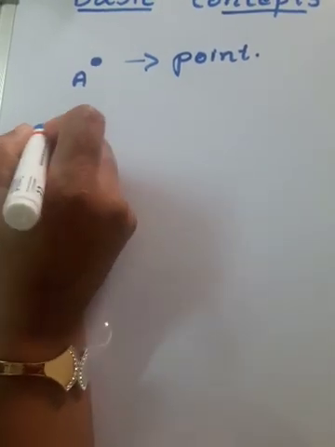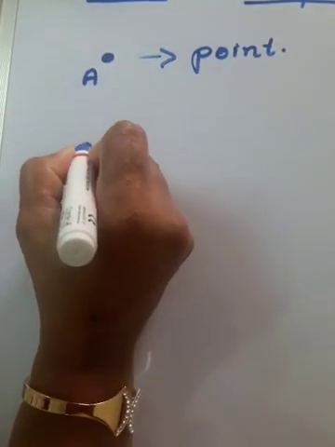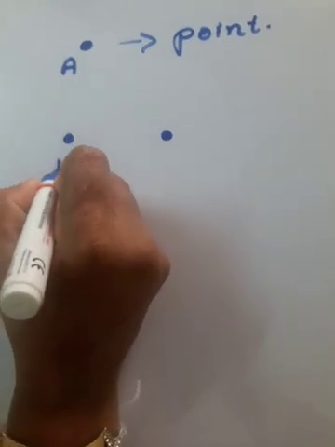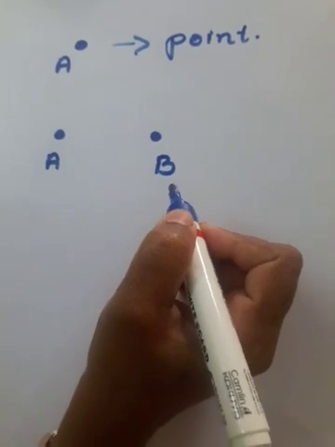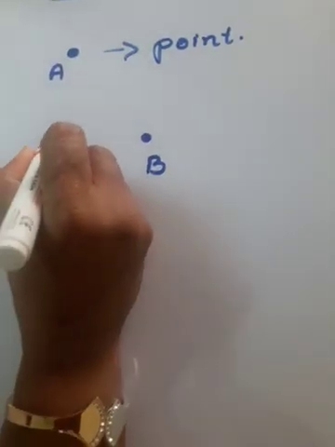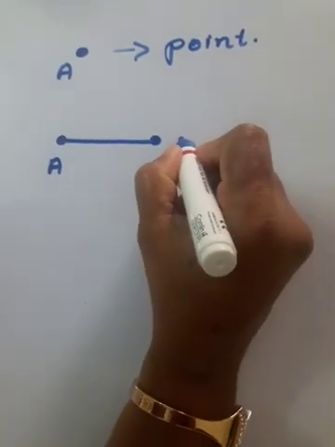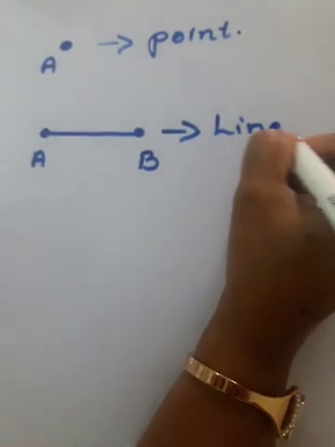Let's see now what is a line segment. Take 2 points, point A and point B. Join the points using a ruler. Then we get a line segment.